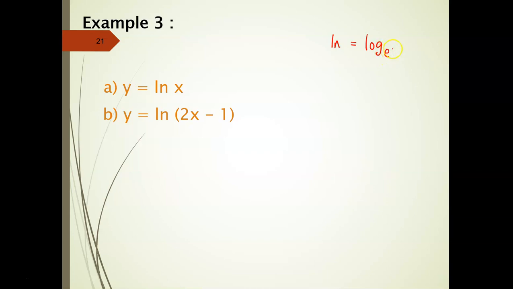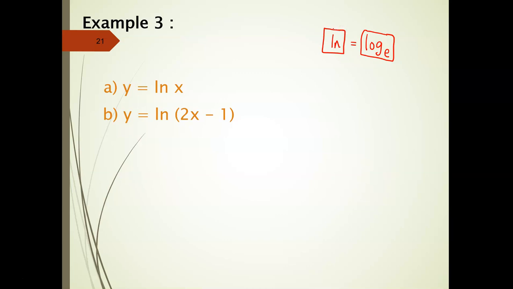Since base e is special in our exponential function, log base e, meaning log base 2.71, is written as ln.